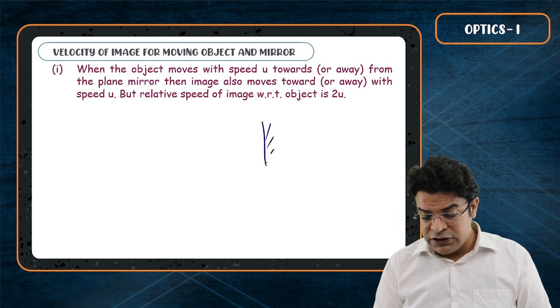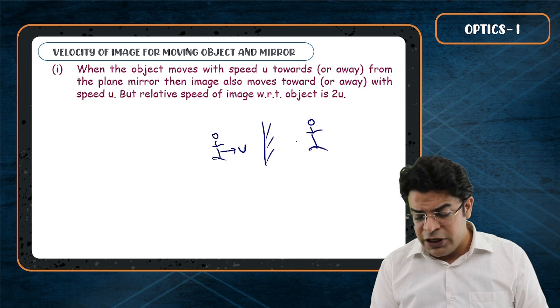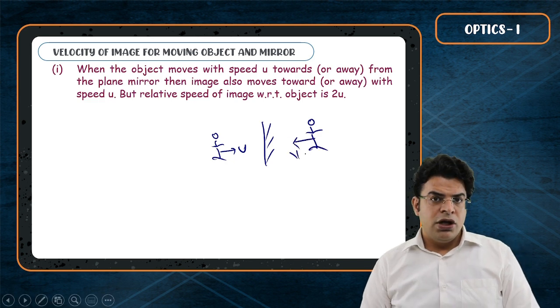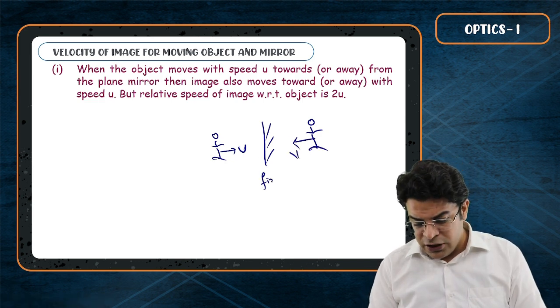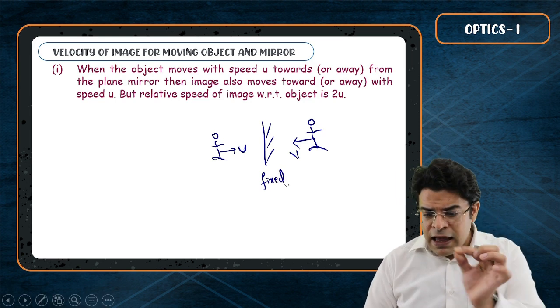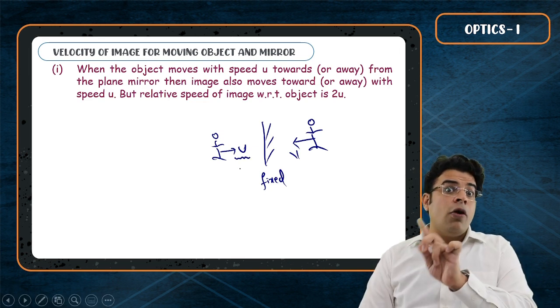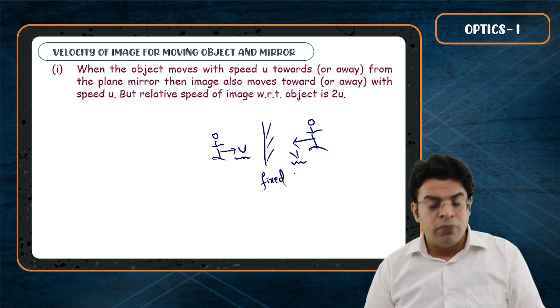So think of the first case. When you have a velocity, let's say v, towards the mirror, the image will have the same speed but in the opposite direction. So can I say, for a fixed mirror, whatever velocity you have along the normal, the image will have equal and opposite velocity along the normal.